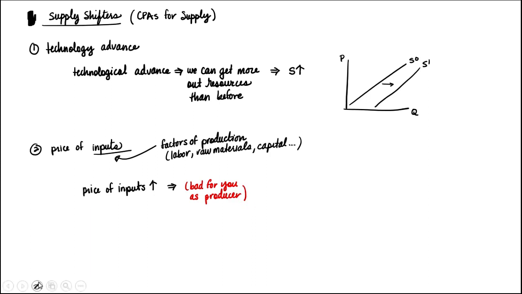So obviously this is going to have a negative effect on your supply. So supply goes down. But what if instead the price of inputs goes down? So for whatever reason, labor's cheaper for you or raw materials are cheaper for you. Do you agree that if we're thinking from the perspective of being a producer, that's good for you as a producer?